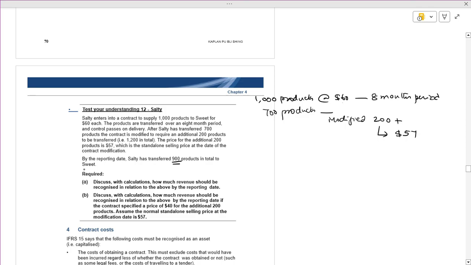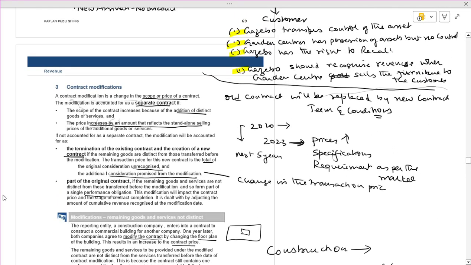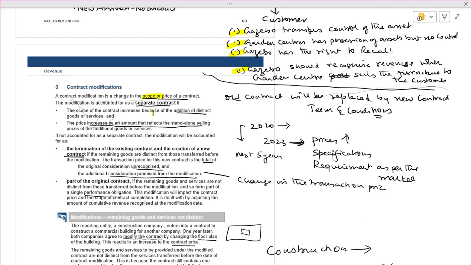Now, we have to make sure of this. A contract modification is a change in the scope or price of the contract. The scope was 1,000 products, with a price previously of 60, and now we are selling at 57.